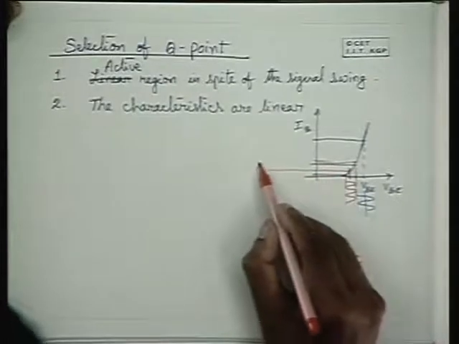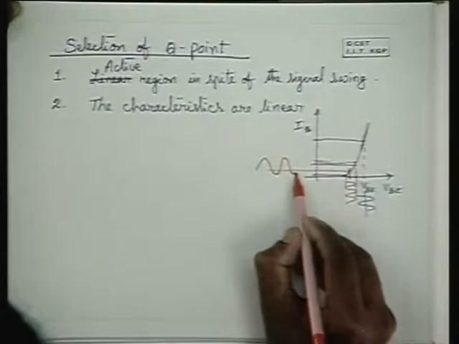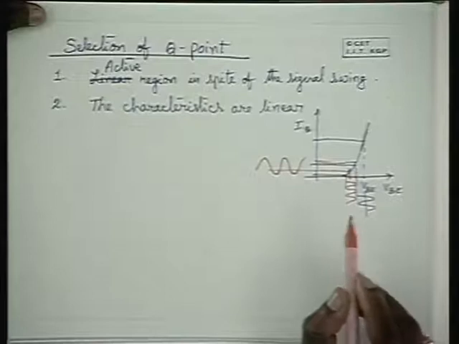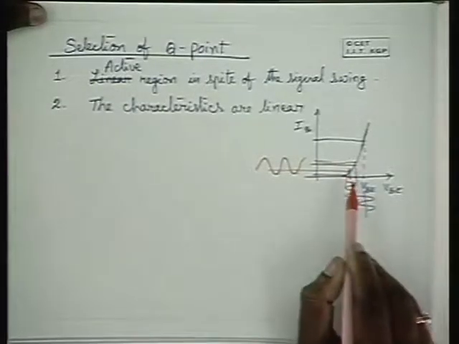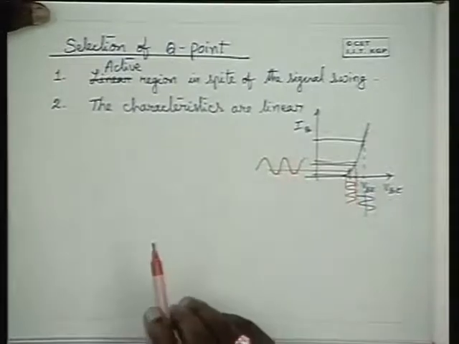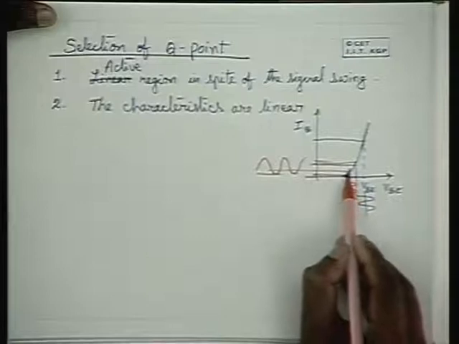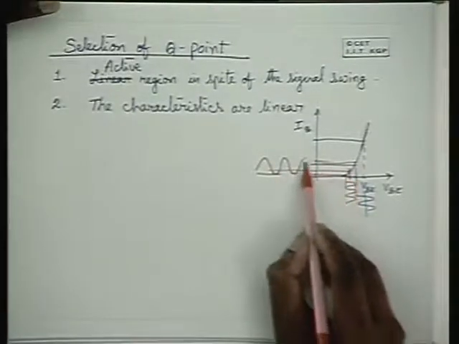So you will find that the resulting base current is not sinusoidal. For a sinusoidal base to emitter potential, the resulting base current is not sinusoidal. There is some distortion already. The negative swing in the base current would be smaller than the positive swing.